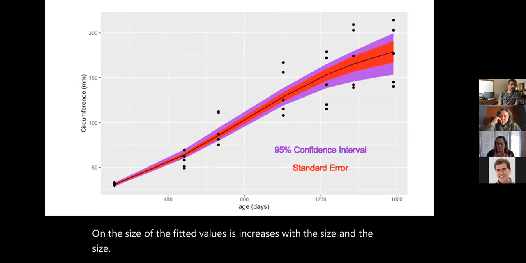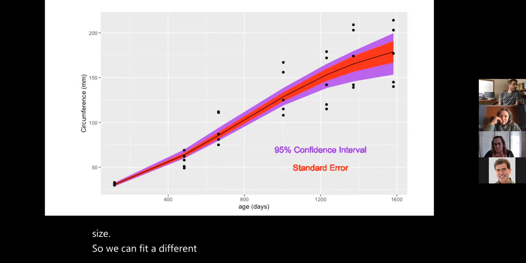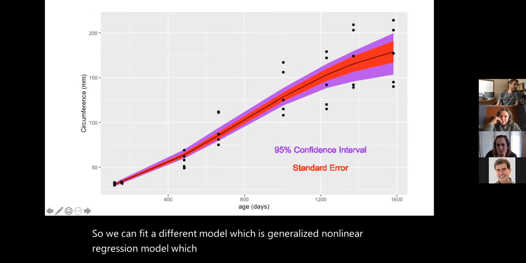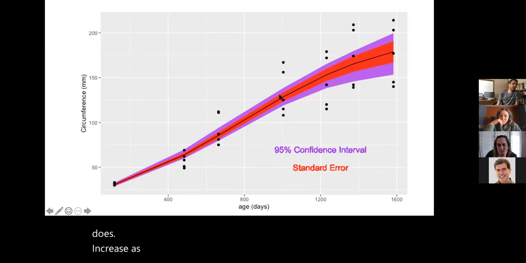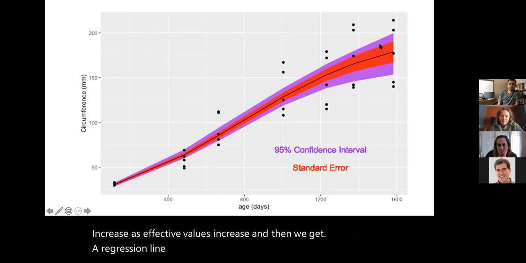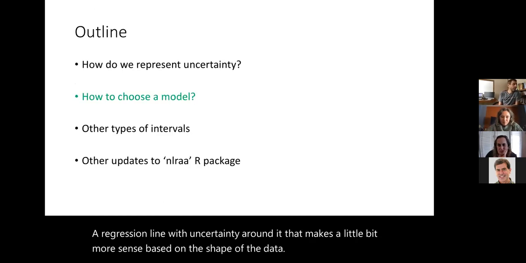So we can fit a different model, a generalized nonlinear regression model, in which we say explicitly that the variance does increase as the fitted values increase, and then we get a regression line with uncertainty around it that makes a little bit more sense based on the shape of the data. So that's how we present uncertainty.